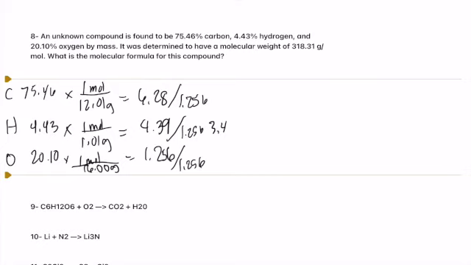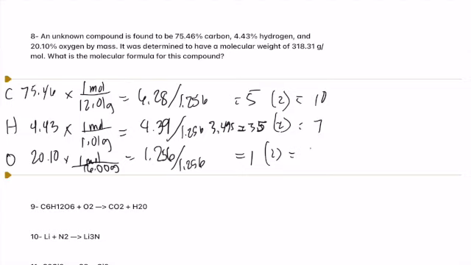So hopefully you're doing this math with me. So we discover that we have roughly 1 mole of oxygen to every 3.5 of hydrogen to every 5 of carbon. Again, we're looking for whole numbers, so we're going to go ahead and multiply by 2 for our empirical formula.